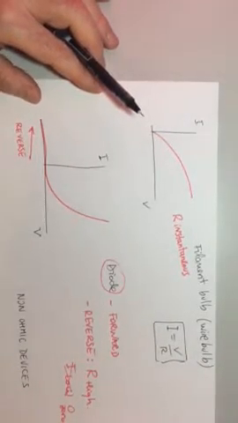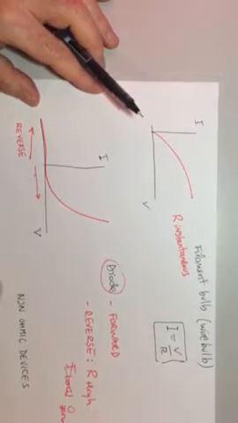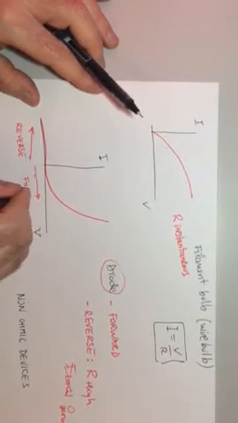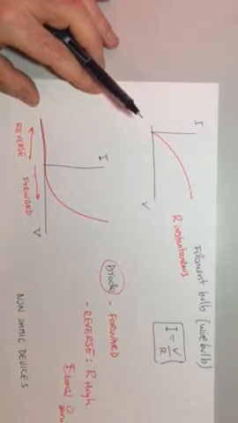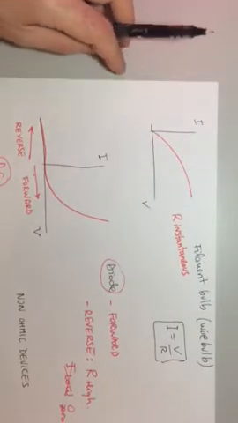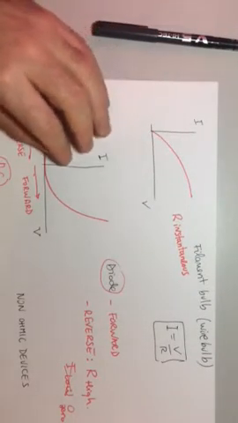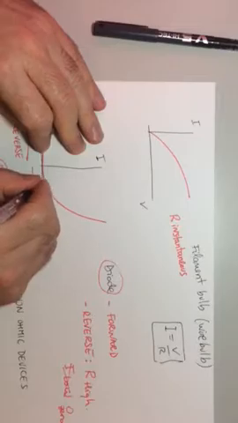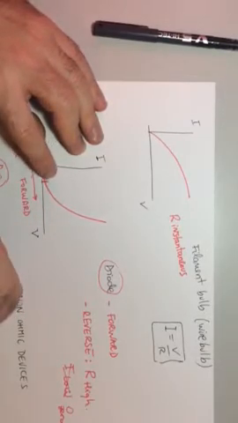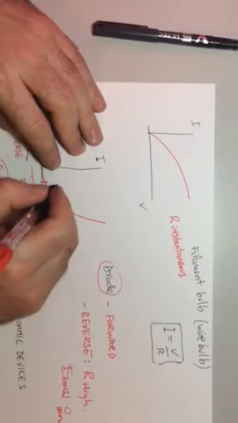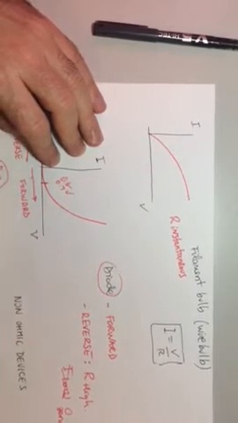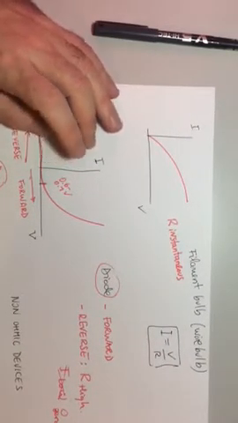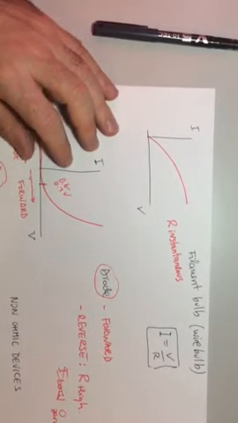In the other situation, when the current is moving in the other direction, forward, once it reaches a threshold point, usually 0.6, 0.7 volts, the current starts flowing through.